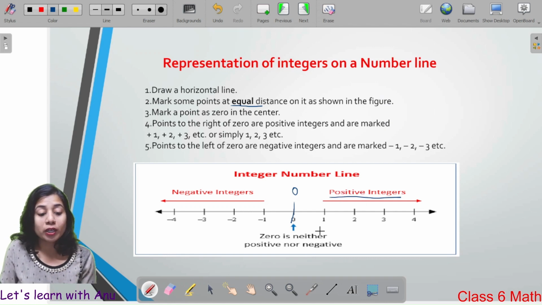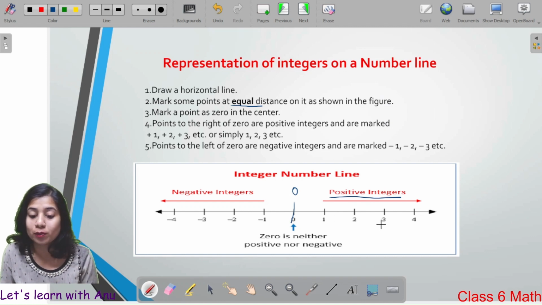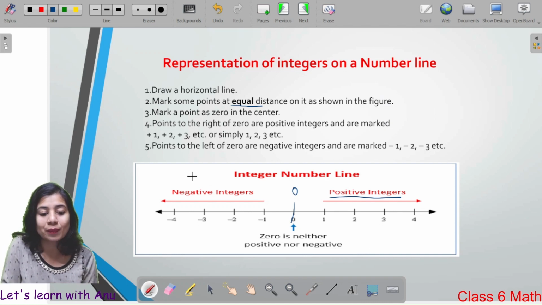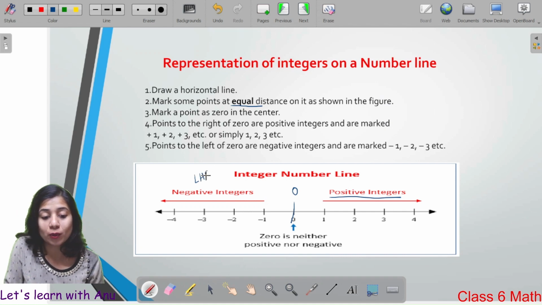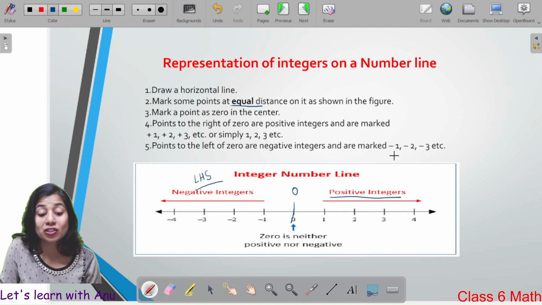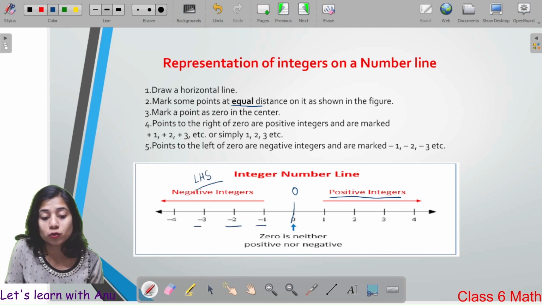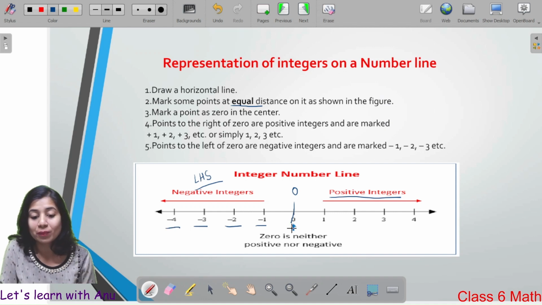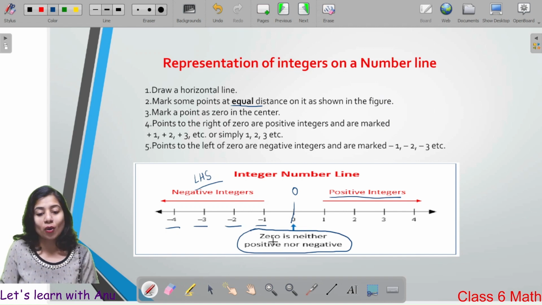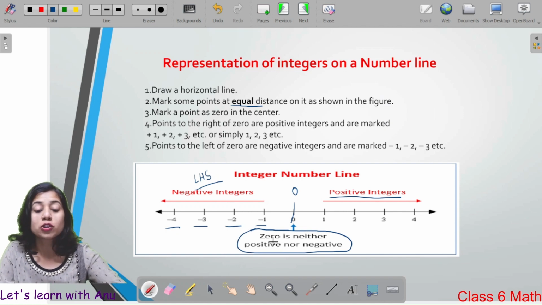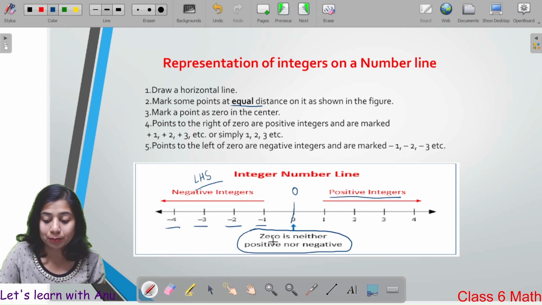Putting the positive sign is not mandatory, like +1, +2, +3, or we can write it simply 1, 2, 3. But the negative sign is a must. Numbers on the left hand side of 0 are negative integers, written as -1, -2, -3, -4, and so on. And this is very important: 0 is neither positive nor negative, right? So let's understand it with an example.